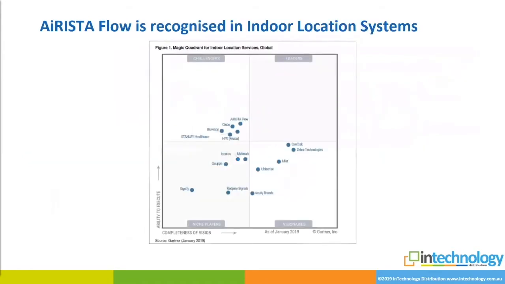Now, I'll just touch briefly on the positioning of ARISTA Flow, just from a commercial point of view, so you know where we're coming from. ARISTA Flow is one of the leading challengers within the Gartner space, and we have been for the last 2 years. We're in very good company there, and we are leading the pack around how to approach indoor location systems.